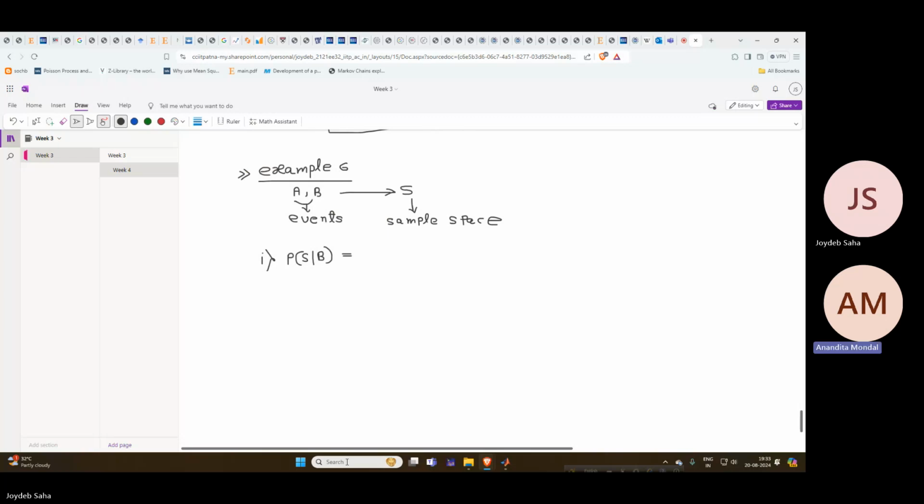Sir, 1. Very good. How will we get this? It is probability of S intersection B divided by probability of B, and S intersection B is nothing but probability B only.